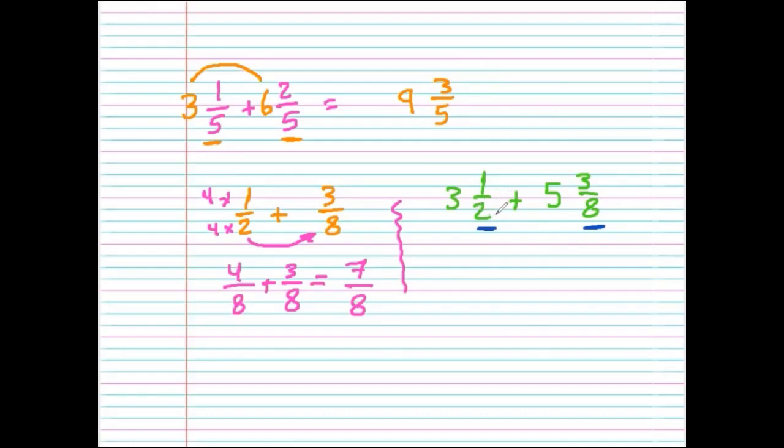I'm going to multiply here by 4 and multiply here by 4. Now the new fraction will be 3 and 4 over 8, and here 5 and 3 over 8. Add normally. Add the fractions first. 3 plus 4 is 7 over 8. Now it's time to add the wholes. 3 plus 5 is 8. Okay? I hope it's clear.